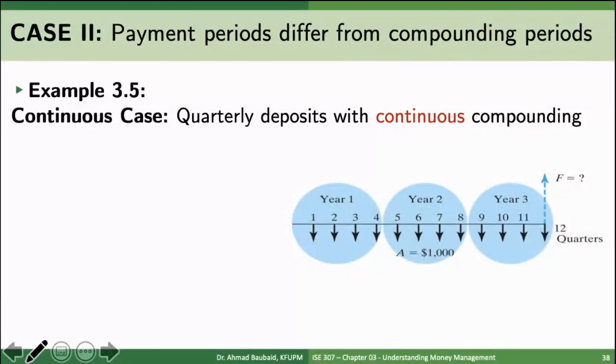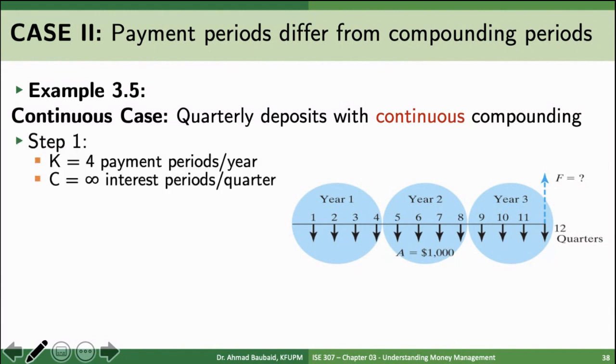The C would be infinity. Exactly. So in a way, C would be infinity. K stays the same. I don't change the number of payments that I make in a year. I apply the formula. Of course, the formula doesn't really have C because C is infinity.